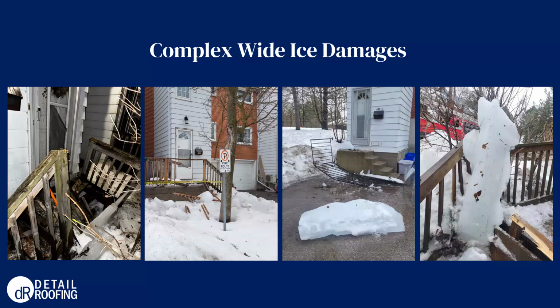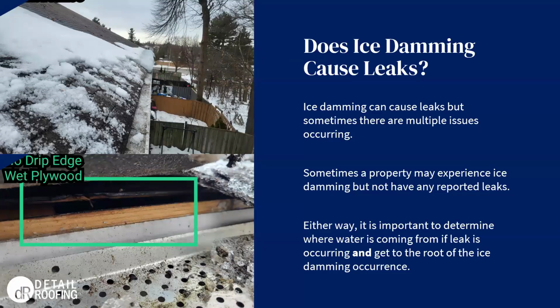So technically any answer is right because the answer is sometimes they can be directly related. So yes and no. Ice damming can directly cause leaks, especially if there are any weak points or deficiencies along the edge of the roof surface where that ice formation is happening.